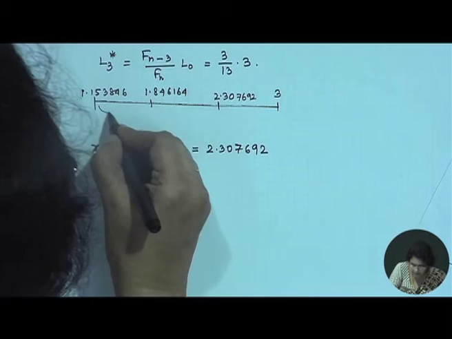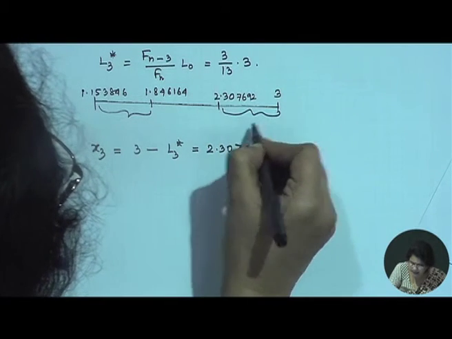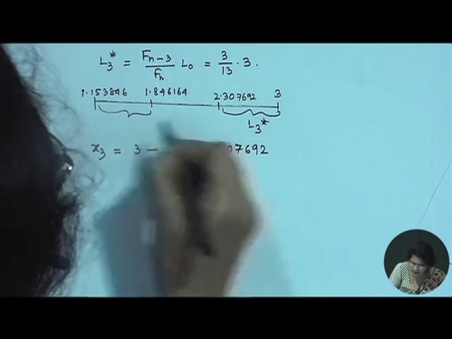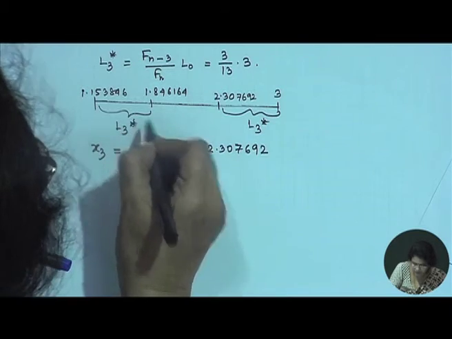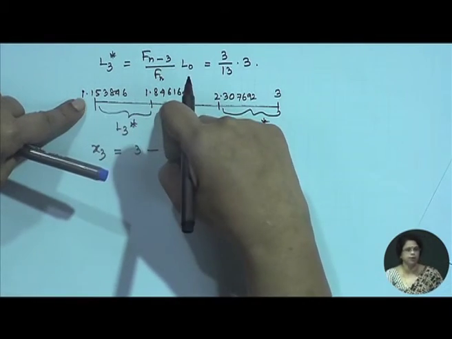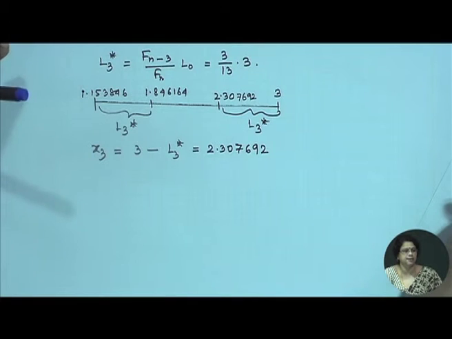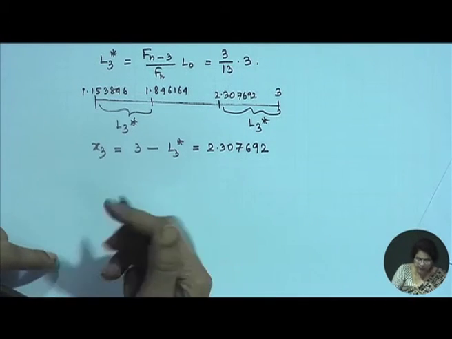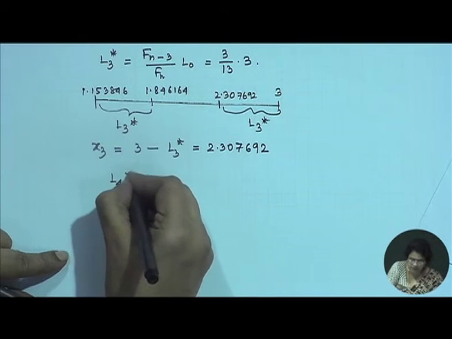You will see this distance and this distance will always be L3 star. I need not calculate this one at all, but it will always come as L3 star. Alright, again I will do the next iteration, L4 star.